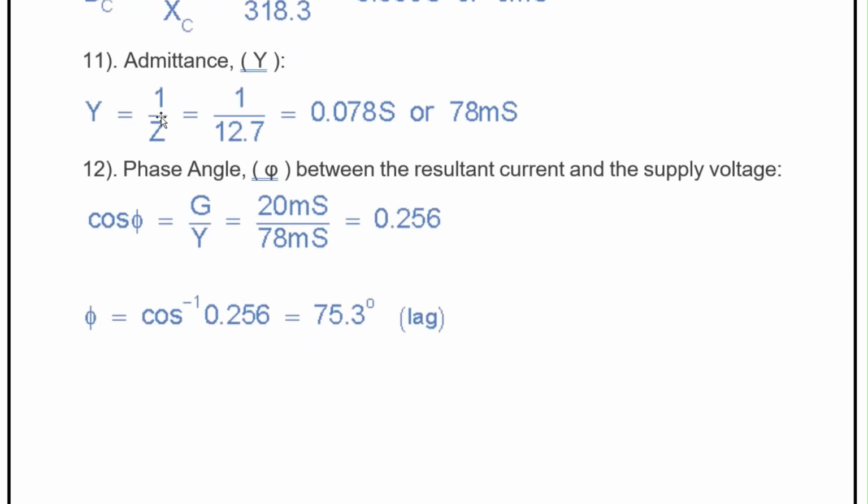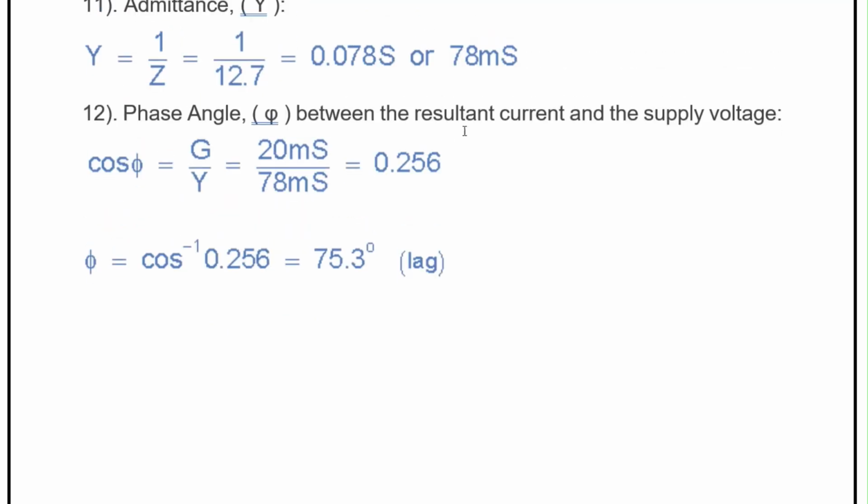Now calculate the admittance. Admittance Y is equal to 1 upon Z, and after substituting the value you get 0.078 Siemens, and that is equal to 78 millisiemens.